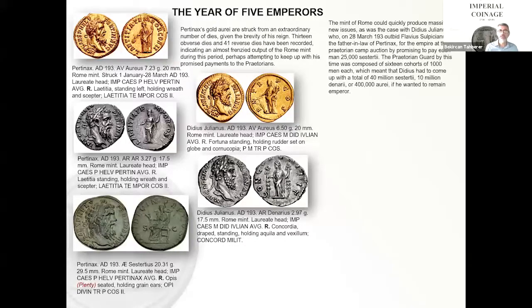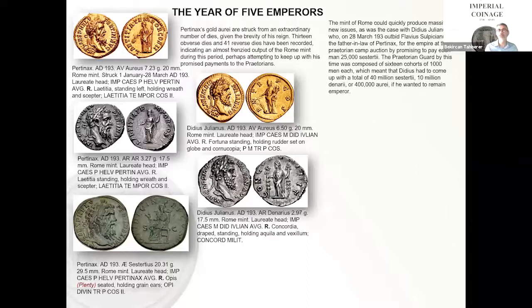Then comes Didius Julianus, a rich guy who thought he could purchase a throne for himself, which he did, but it didn't last very long for him. Again, the Mint of Rome quickly produced massive new issues for Didius Julianus. He promised to pay each Praetorian soldier 25,000 sestertii.